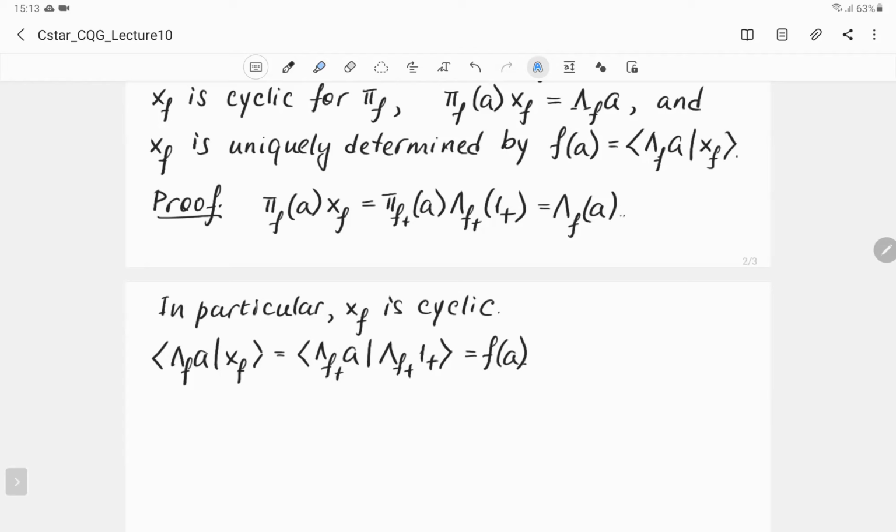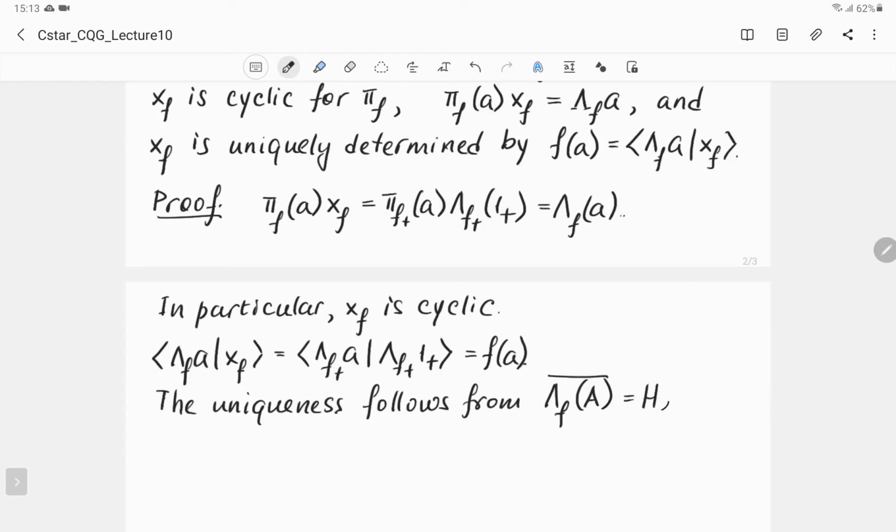And finally, the uniqueness of such a vector is clear because elements of this form, lambda F of a, span a dense subspace in HF. So the uniqueness follows from the density of the image of lambda in HF.